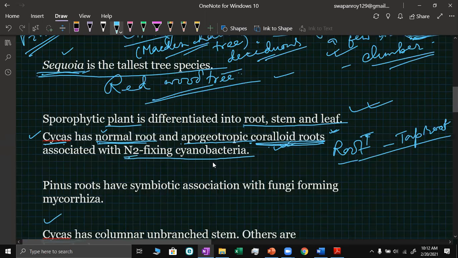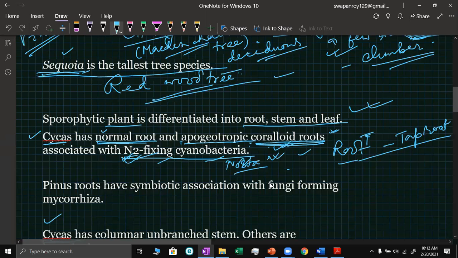Okay, there is Nostoc colony, Nostoc and Anabaena. They can fix nitrogen. So nitrogen fixing.